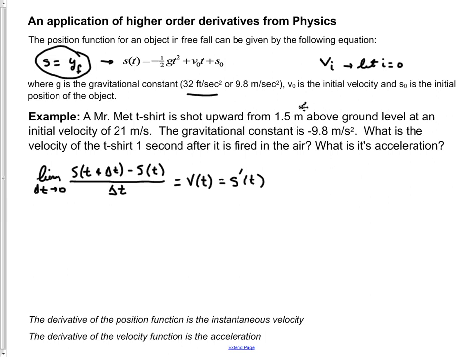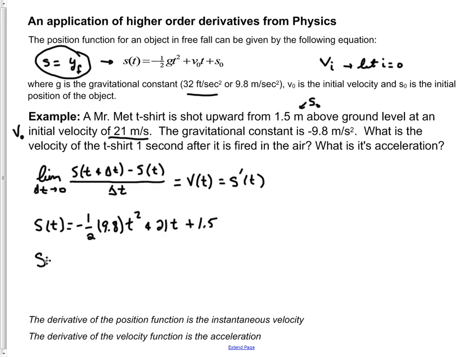Our initial position is 1.5 meters above the ground, and our initial velocity, v0, is 21 meters per second. So if I set up my equation, s of t will equal negative 1/2 times our acceleration, which I'm just going to round to 9.8 meters per second squared, times time squared, plus the initial velocity, 21 meters per second, times time, plus the initial position, 1.5 meters.